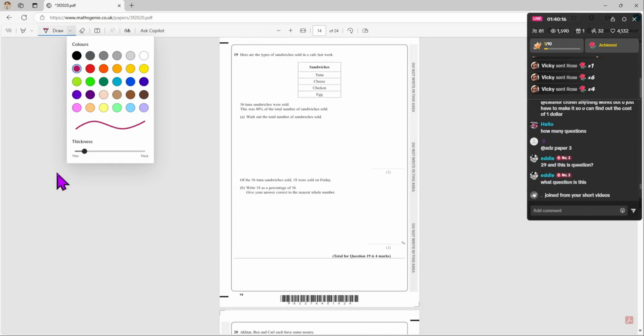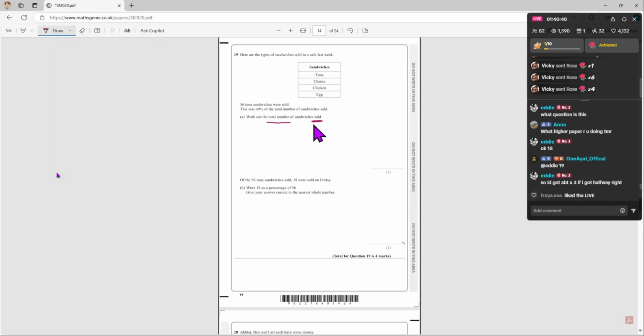So then, question number 19. Here are the types of sandwiches sold in a cafe last week. 56 tuna sandwiches were sold. This was 40% of the total number of sandwiches sold. Work out the total number of sandwiches sold.